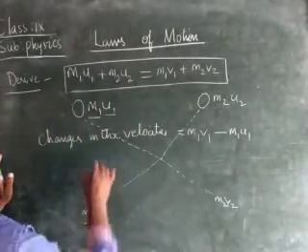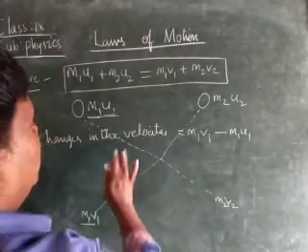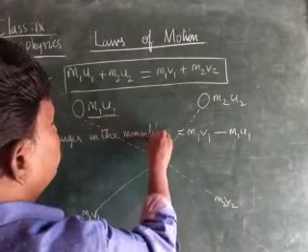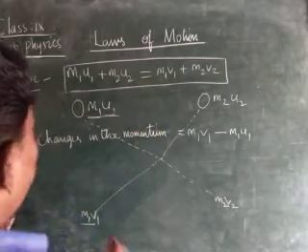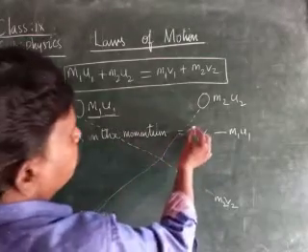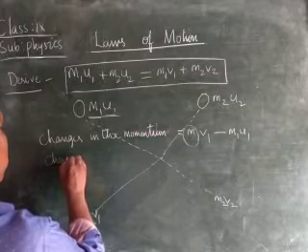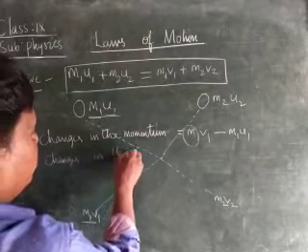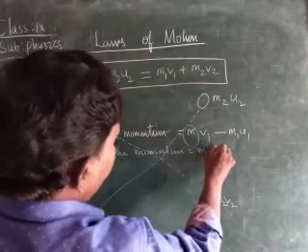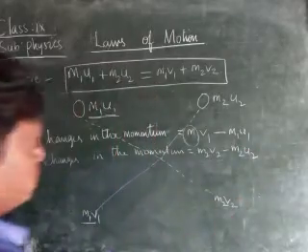That is the change in the momentum of the body of mass m1. And in the same way, the change in the momentum of the body of mass m2, momentum, not velocity, momentum, that is m2 v2 minus m2 u2.